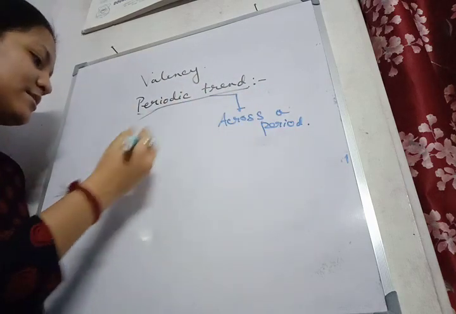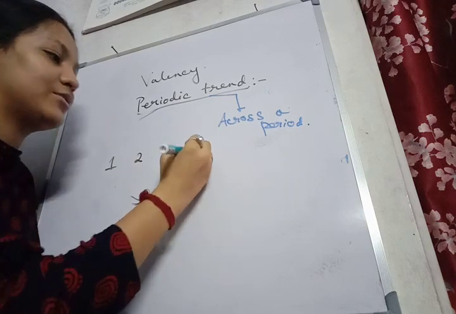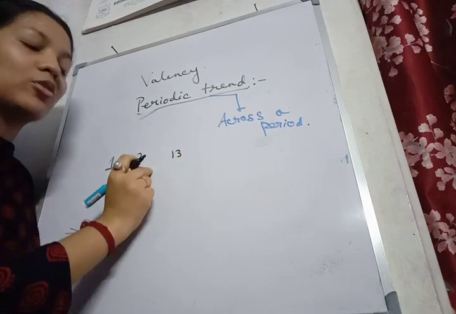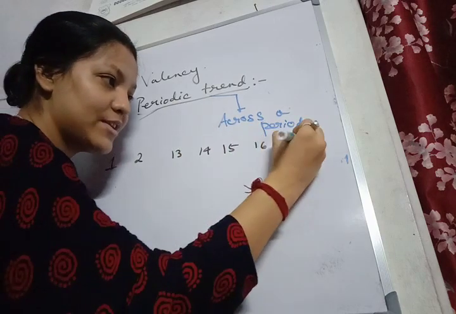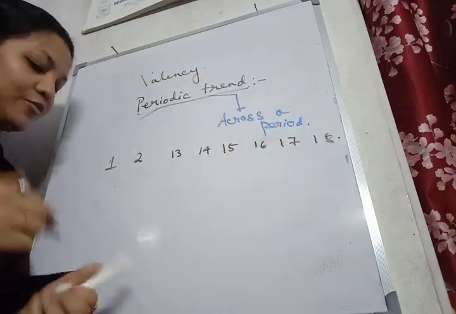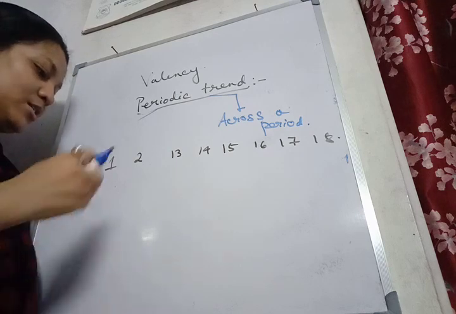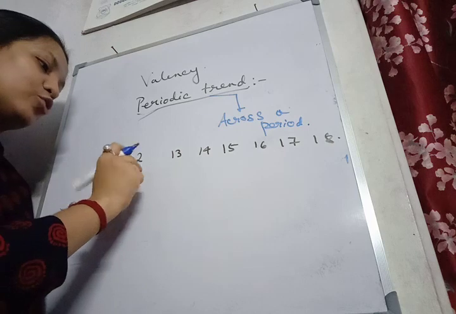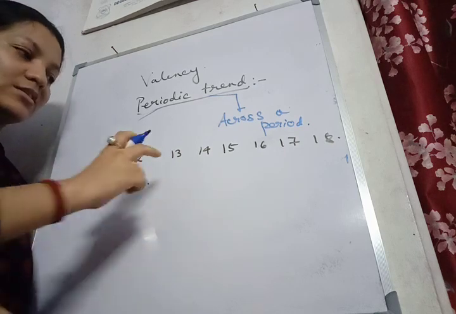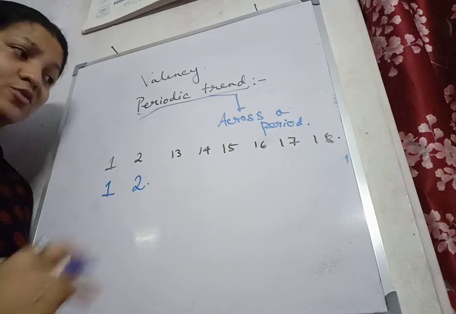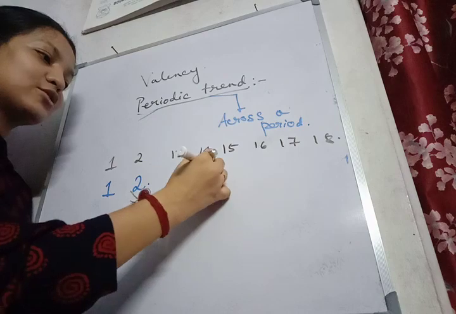Generally, this is group 1, this is group 2, then group 13, because we'll only speak about the representative elements, then groups 14, 15, 16, 17, 18. For group 1, the valency is equal to the number of valence electrons, so the valency is 1. For group 2 also, it is 2. For group 13, it is equal to the number of valence electrons, which is 3. For group 14, it is 4.